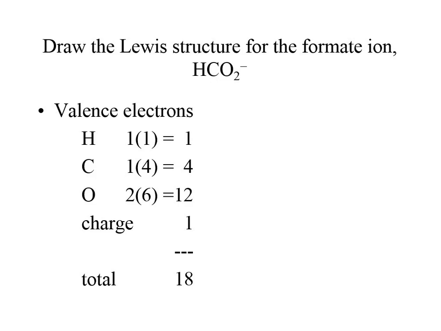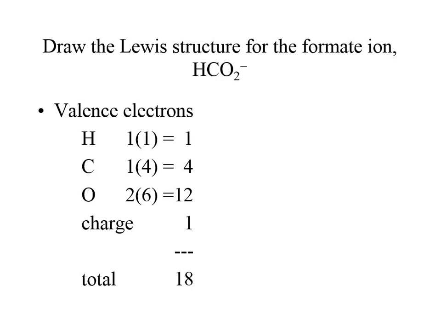Step number 2 is to come up with how they're arranged. Like I said, the ones you're doing in lab and on your test, you'll have something in the middle. Will hydrogen want to be in the middle? No, hydrogen never wants to be in the middle, it only wants to reach out once. Your other options are putting carbon in the middle with 2 oxygens and the hydrogen out, which makes symmetrical sense to me, or putting one of the oxygens in the middle and having stuff branch out of that.